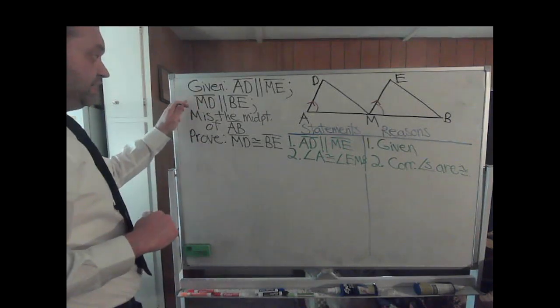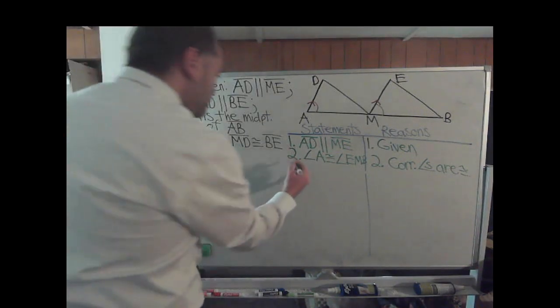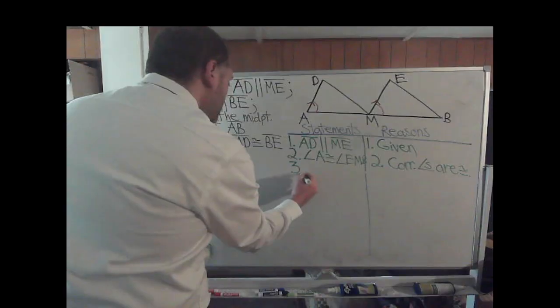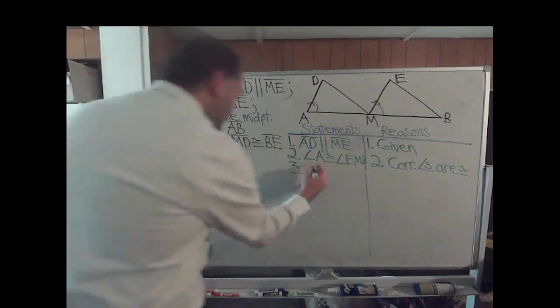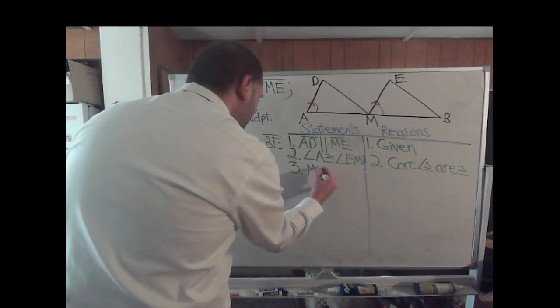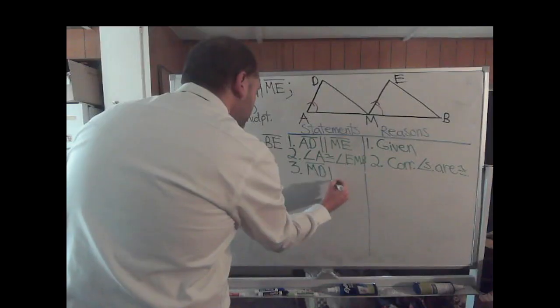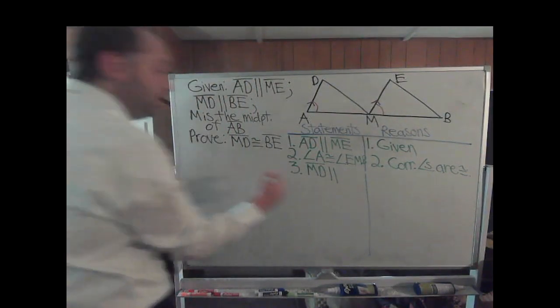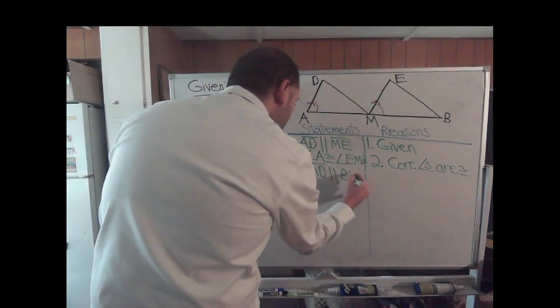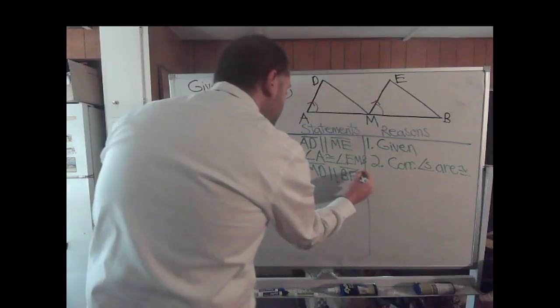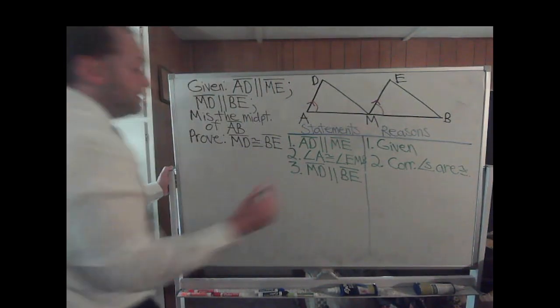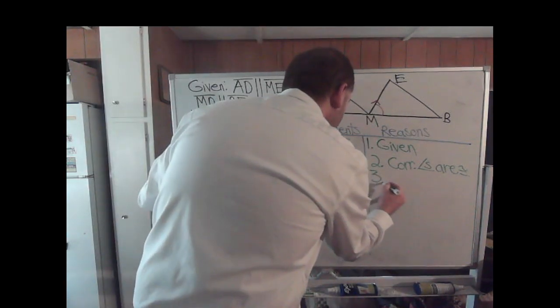Now let's move on to the next piece of given information. Well, we have here that MD is parallel to BE. MD is parallel to BE. That's also given to us, so that was freely given.